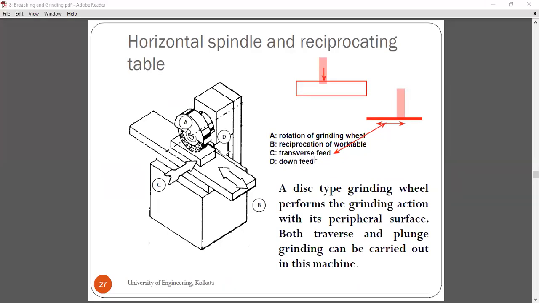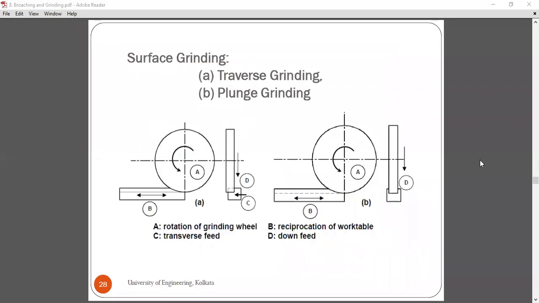And plunge grinding is this one. This is plunge grinding, right? So I believe now it is clear what plunge grinding and traverse grinding are. Both situations can take place in the case of this horizontal spindle and reciprocating table.